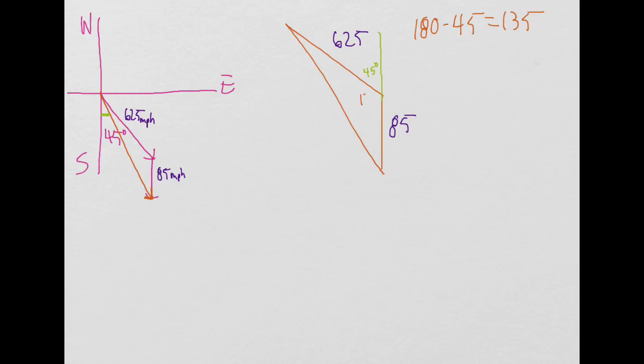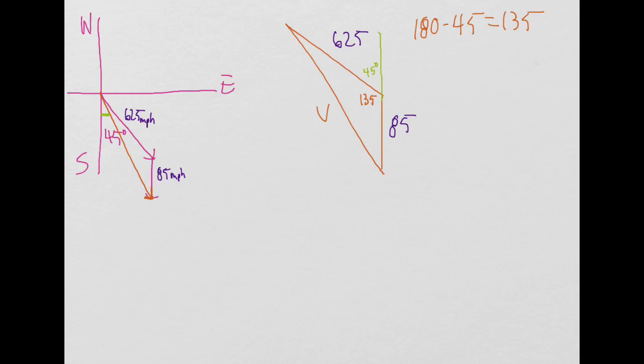So I'm going to mark that as 135. Now that is clearly going to be the largest angle in this triangle, and now I'm going to use the law of cosines to find the side length opposite of that. I'll just call that v for the vector, whatever.